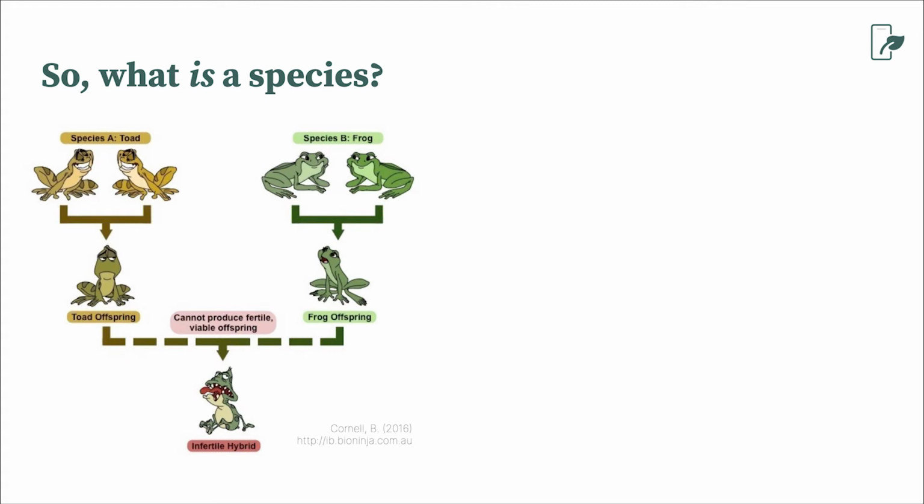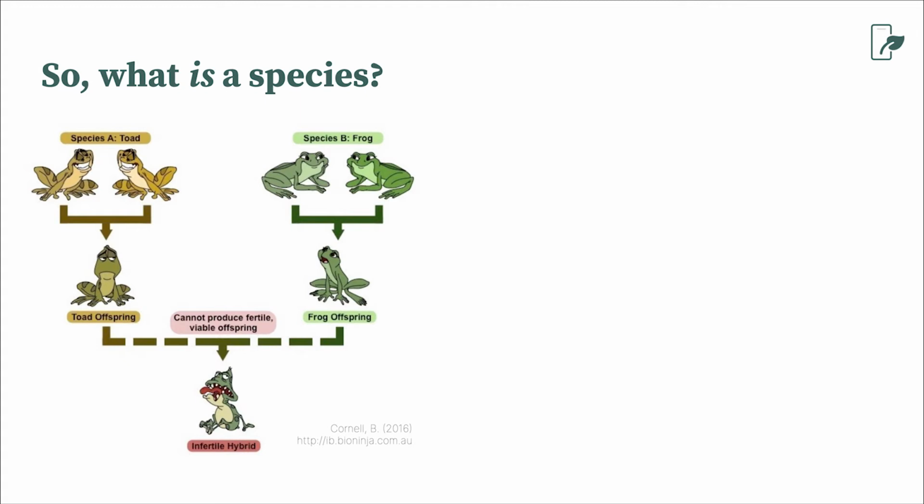A species, by definition, is a population that when it does breed, produces offspring that's fertile. Why this is important is, when the toad tries to breed with a frog, it might be able to produce something, but it's not going to be fertile, or it might die, or it might have other problems. And therefore, a toad and a frog are completely different species.